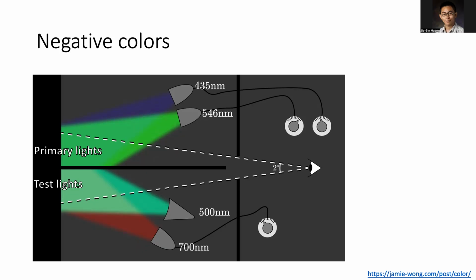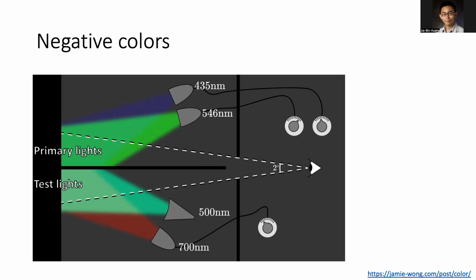Okay, they need to do this to find the matching color. But this is very inconvenient, right? We don't like negative numbers. So what we want to do is that instead of using this RGB, let's come up with another coordinate system so that all the possible single wavelength lights will be able to be represented by positive numbers.